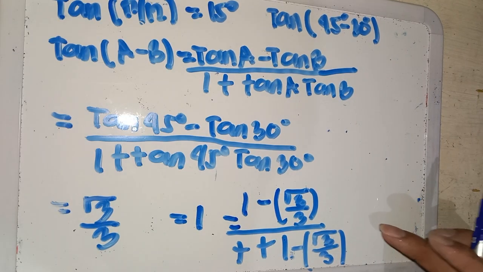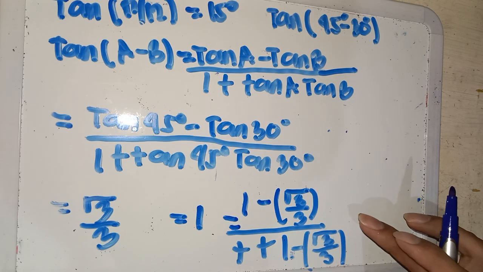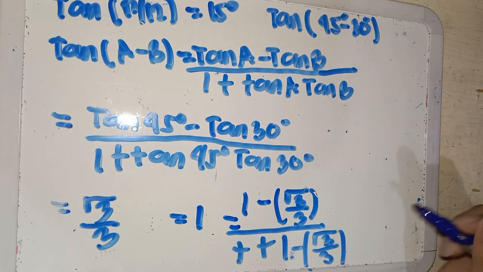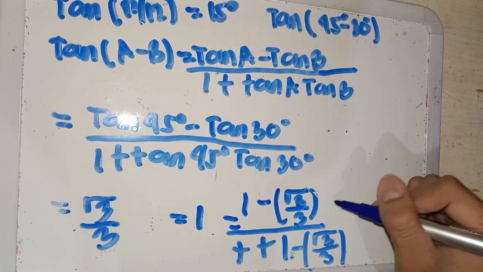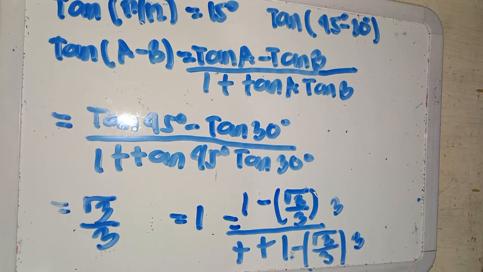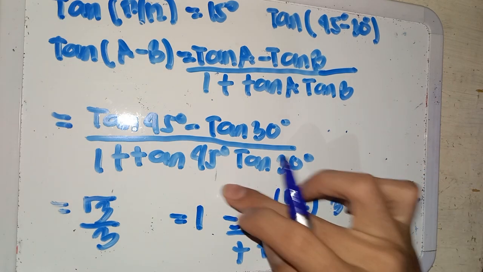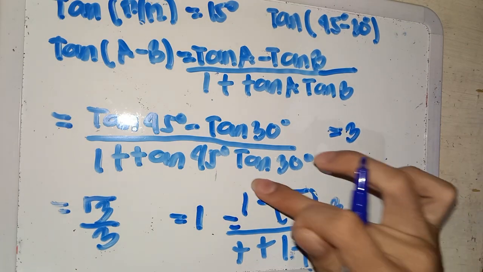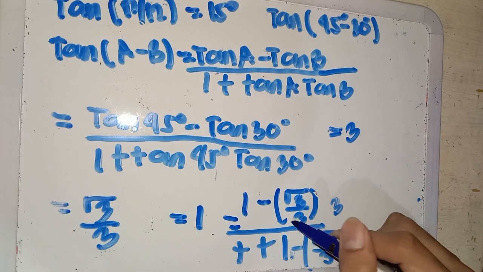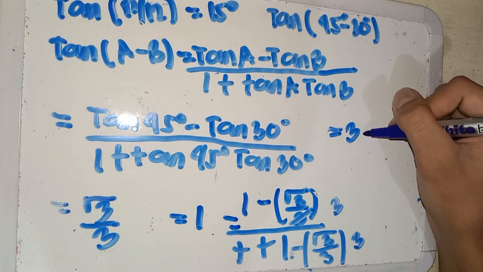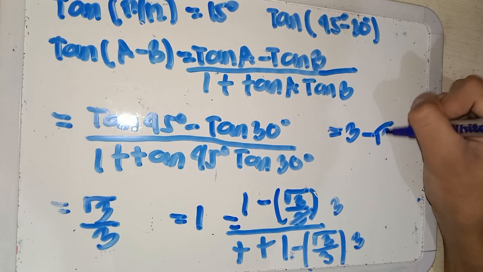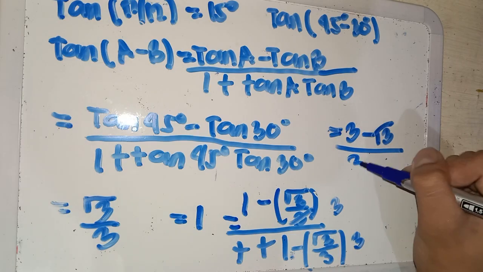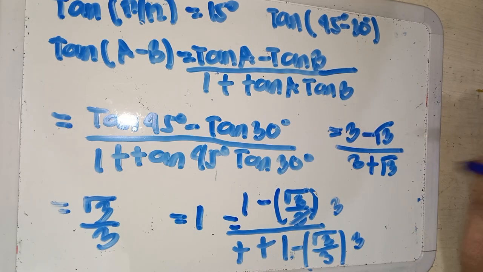So we need to simplify this complex fraction. We need to multiply the top and the bottom by 3, the denominator. 3 times 1 is equal to 3. 3 times negative root 3 over 3, the 3 will be cancelled, and it is going to be negative root 3 over 3 plus root 3, and this is the answer.